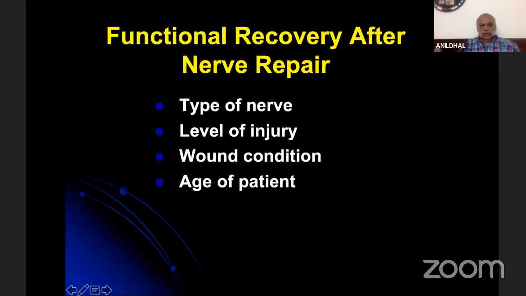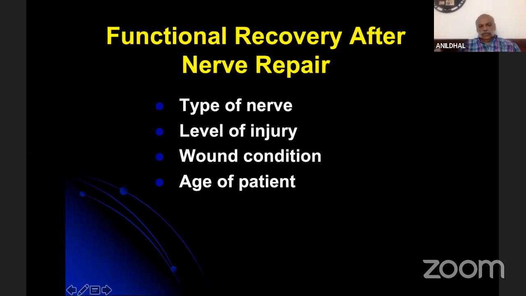Whereas a pure motor nerve, like the radial nerve, would have a better result than the median nerve or the ulnar nerve. Level of injury: the more distal the level of injury, the better the motor as well as the sensory recovery.